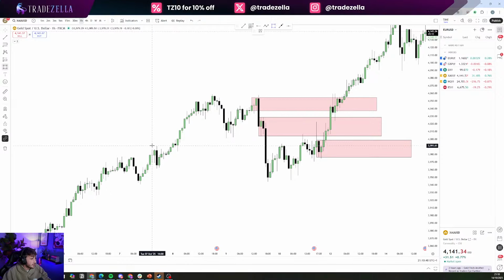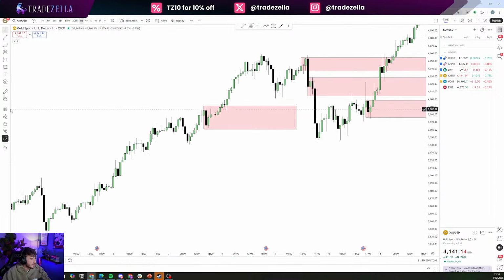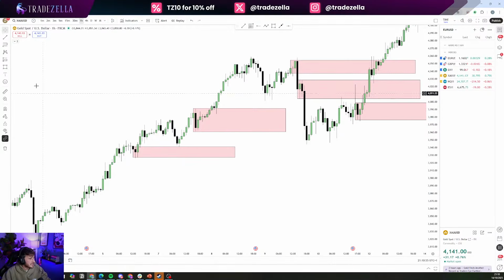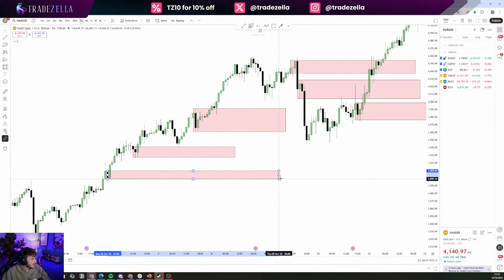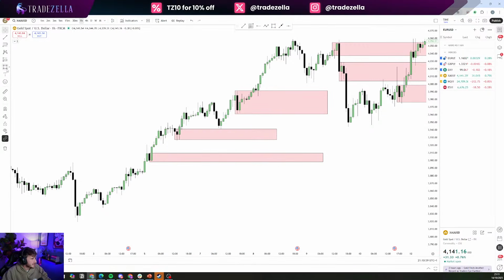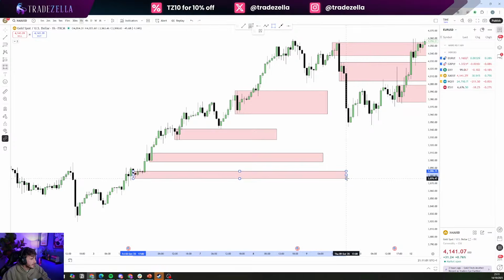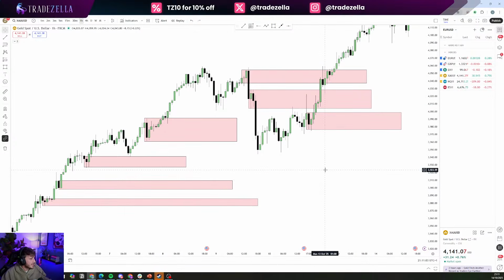This right here would be an area of demand. This right here would be an area of demand. Does that make sense to everyone? This right here would be an area of demand. This right here, an area of demand. And that is the simplest way to spot and draw out supply and demand. Makes it very easy to do.